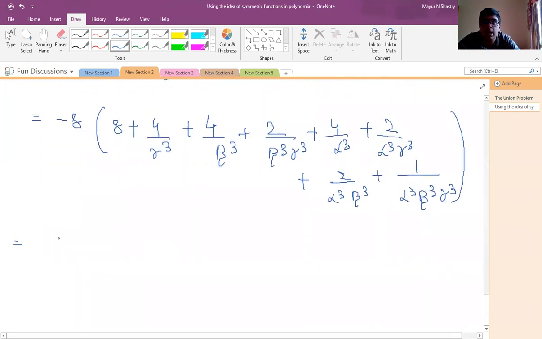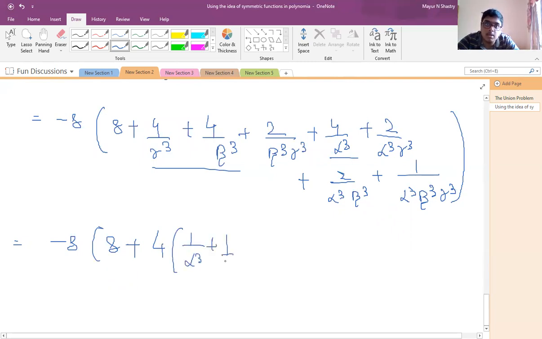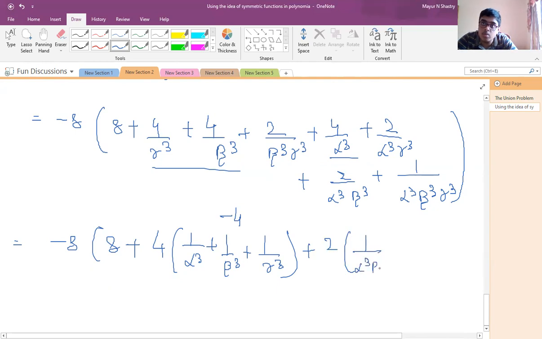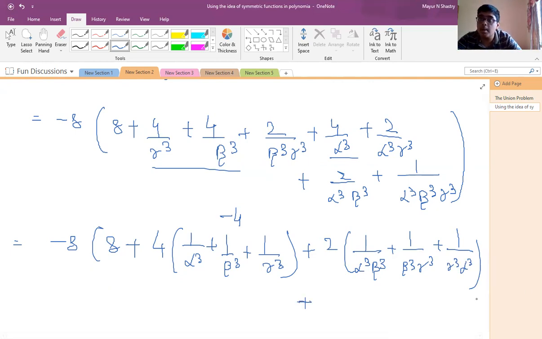So now what do we have? Minus 8 times 8 plus, let's group these terms. So 4 common, and what do we have? 1 by alpha cube plus 1 by beta cube plus 1 by gamma cube. And we know what this is. That's negative 4, the value of K, which we calculated. Then we have plus 2 times (1 by alpha cube beta cube plus 1 by beta cube gamma cube plus 1 by gamma cube alpha cube) plus, what is 1 by alpha cube beta cube gamma cube?